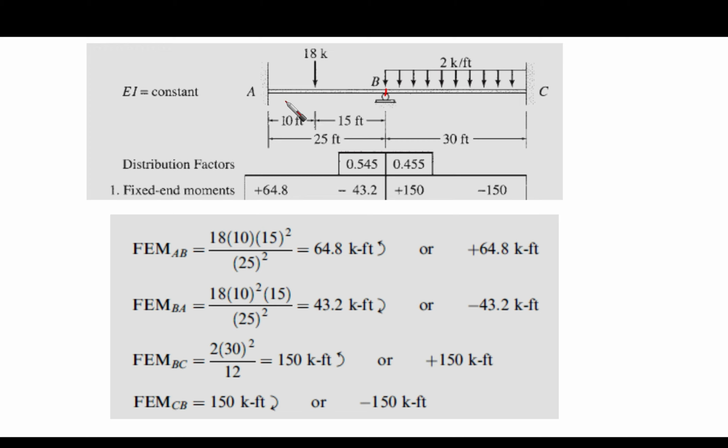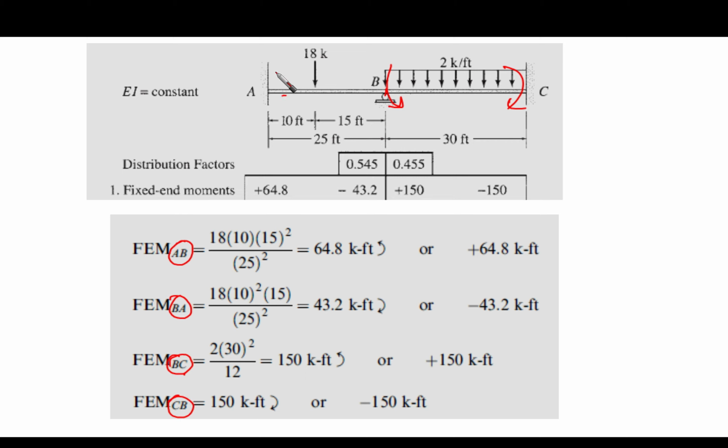So we have fixed end moments AB and BA, related to span AB. And for span BC, we have two moments, fixed end moments BC and CB, right?